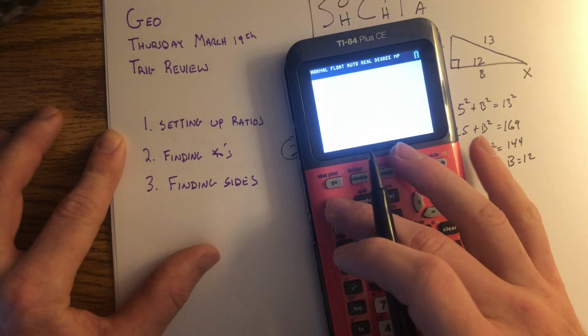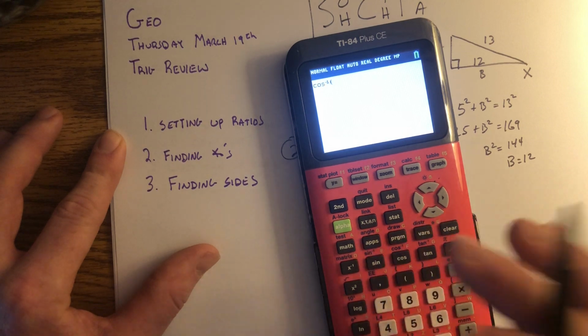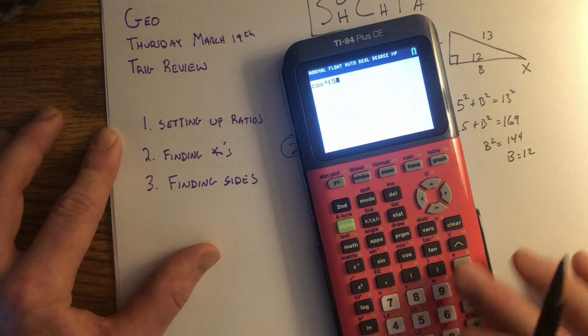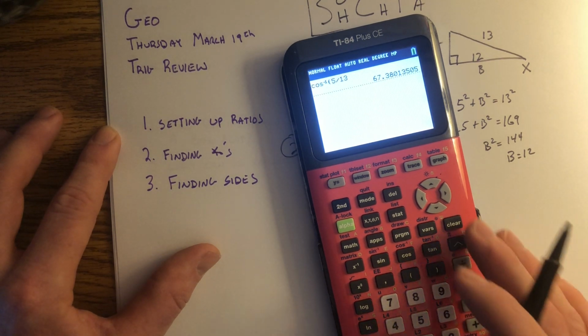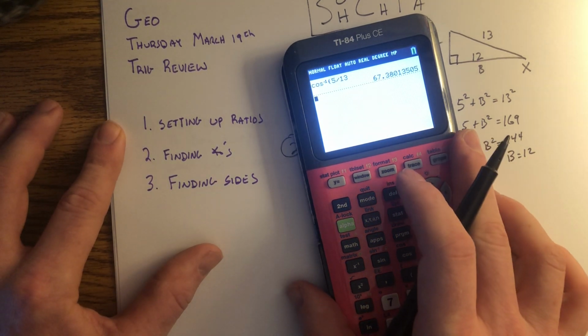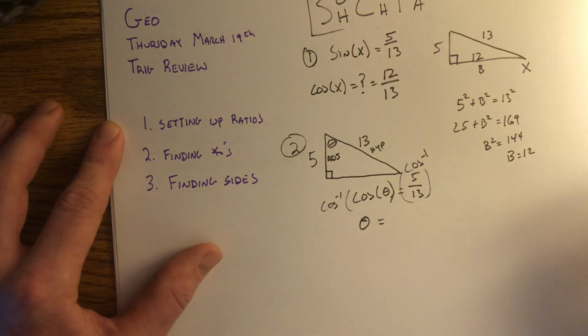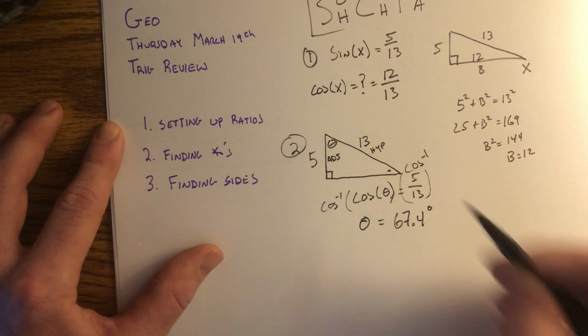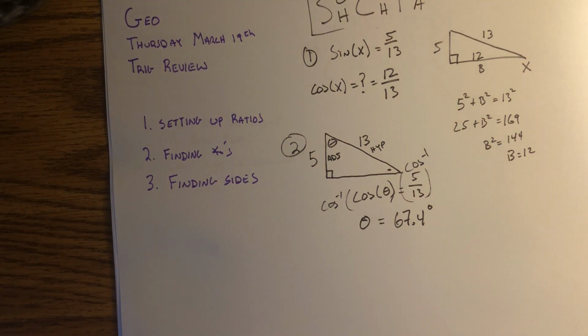So to find the inverse, I go second cosine, and then I want to type in my ratio, which is 5 over 13. So it's going to be 67 point, we'll round to the nearest tenth, 67.4. If I wanted to find this one, I would just take 90 minus 67.4. That'll give me that angle.